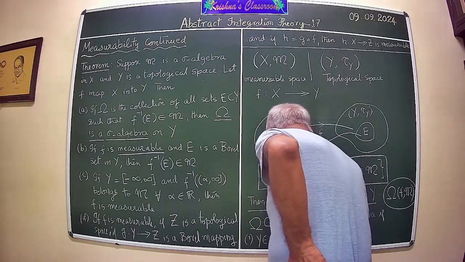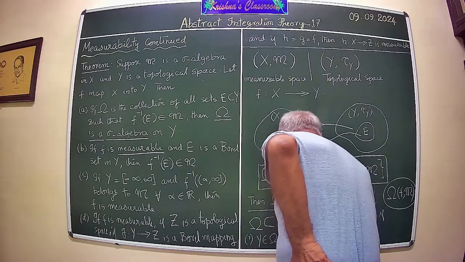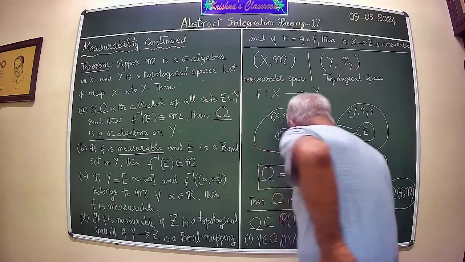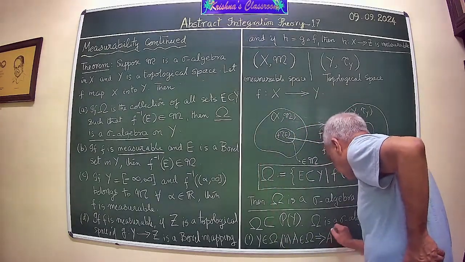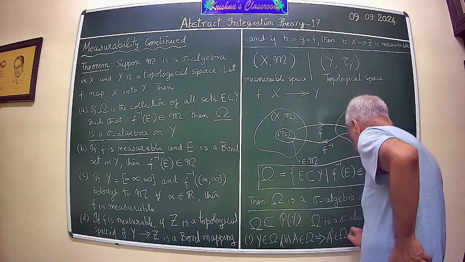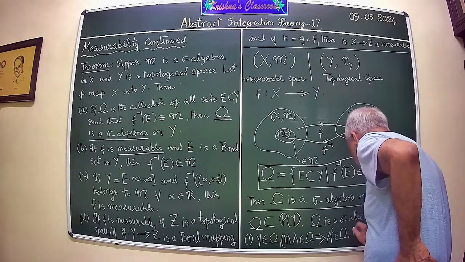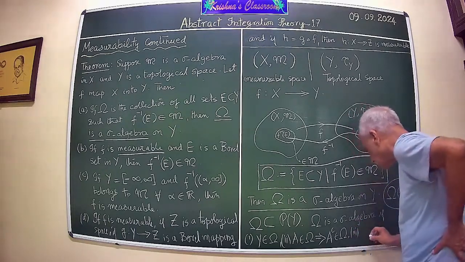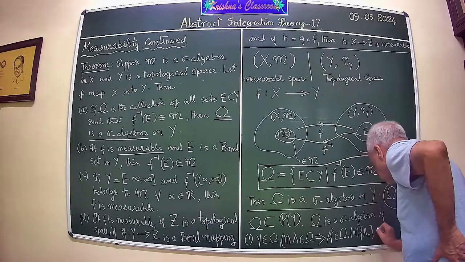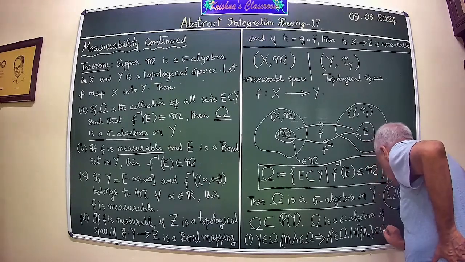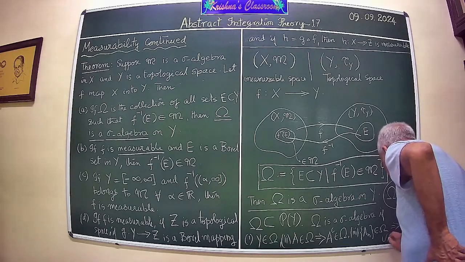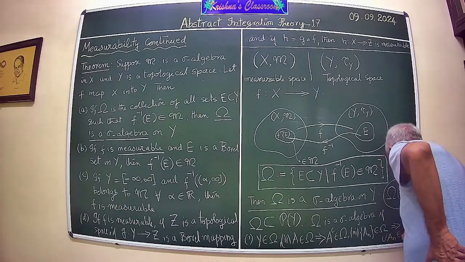Two, A belongs to omega implies A complement belongs to omega. Third, for a collection A_n, the union of A_n is also in omega.